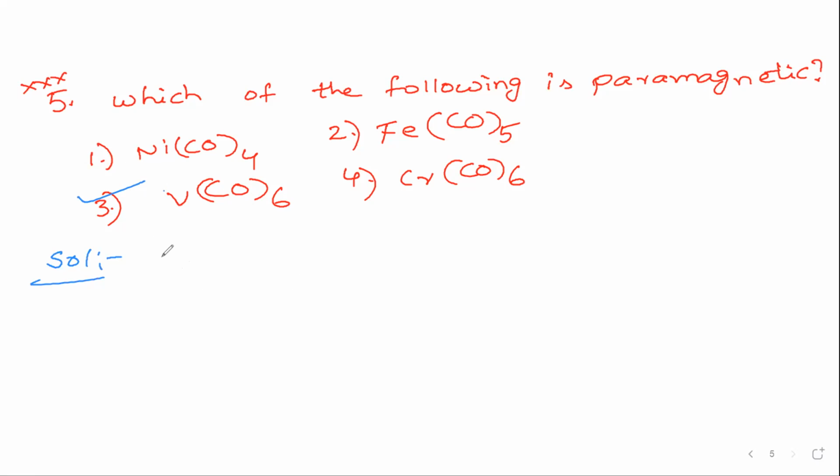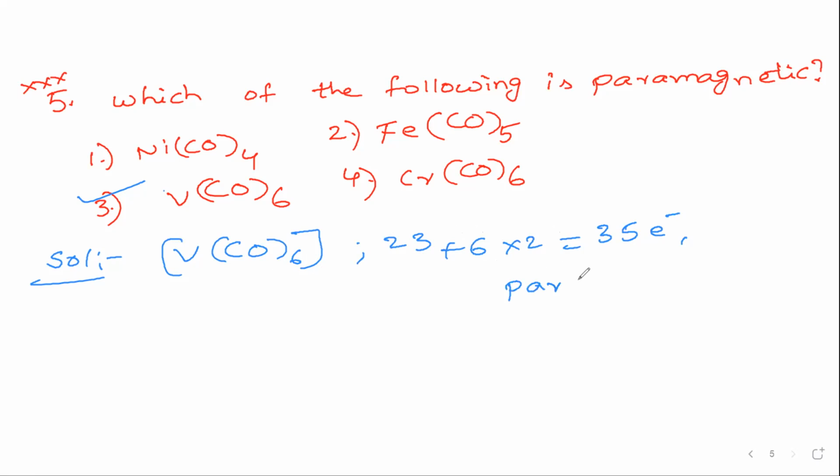Vanadium CO6, vanadium hexacarbonyl, contains how many electrons? It is 23 plus 6 into 2, that is equal to 35 electrons. Since it has an odd number of electrons, it is paramagnetic. So this is a question based on valence bond theory.